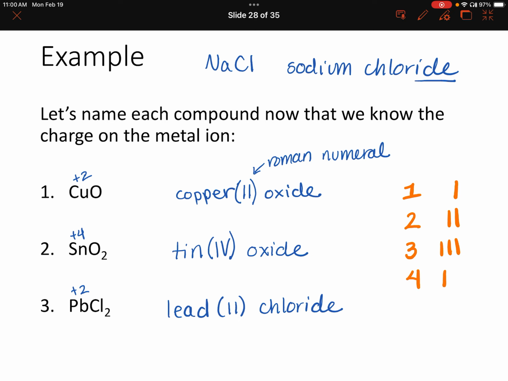We're going to put 1 line and a V, and 5 is a V. So then 6 is a V and 1 line. It's good to know these Roman numerals. You don't have to know all of them. Most of the time the charges will be 1 through 6. They usually aren't anything bigger than that. So as long as you know the first few Roman numerals, that's all you need to know.